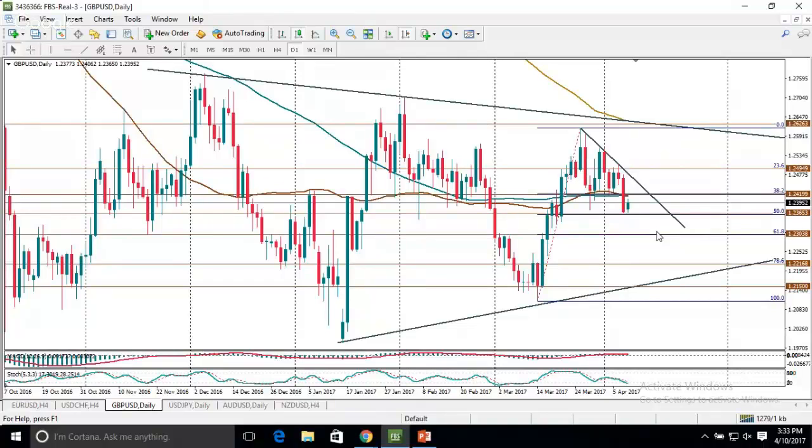If we look at fundamentals for the pair, we should point out that economic data out of the UK were disappointing. The UK manufacturing PMI came short of markets' expectations. UK industrial production figures declined, and the nation's trade deficit has widened.